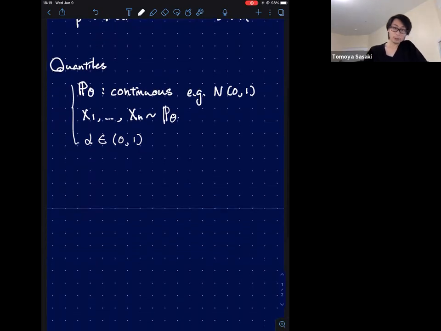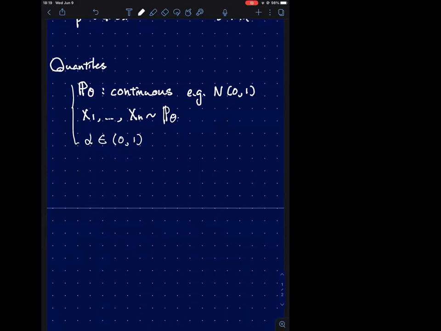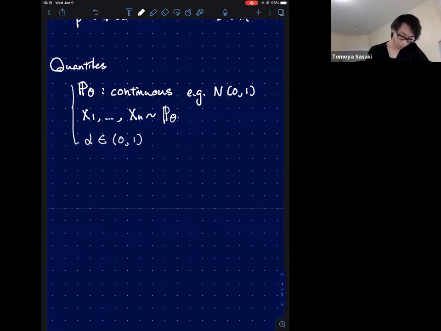Then let's define the quantile. Definition.